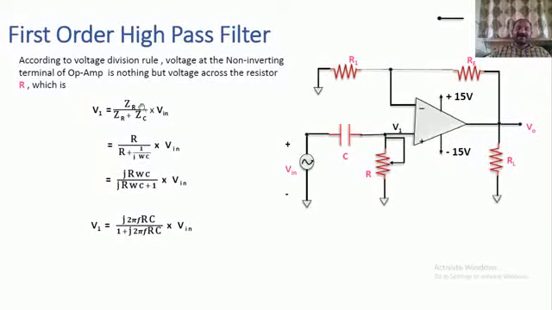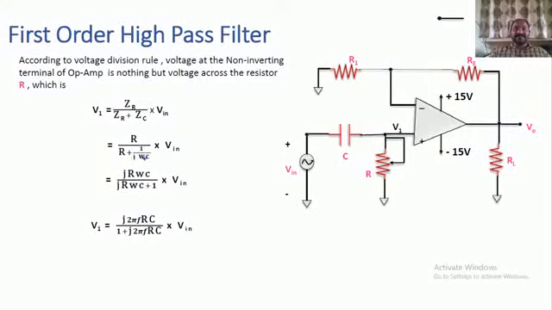By substituting the impedance values in this equation, you will get R by (R plus 1 by j omega C) into Vin. After doing some mathematical calculations, in the denominator we are having the term 1 by j omega C. Now you take the LCM for this denominator.